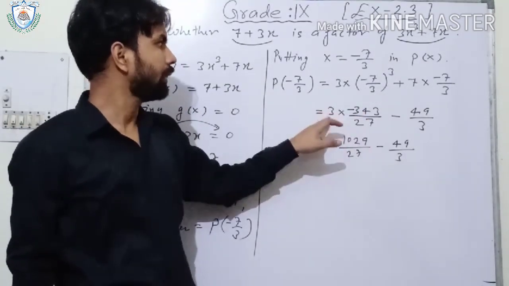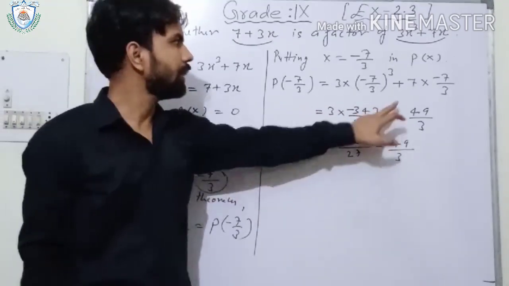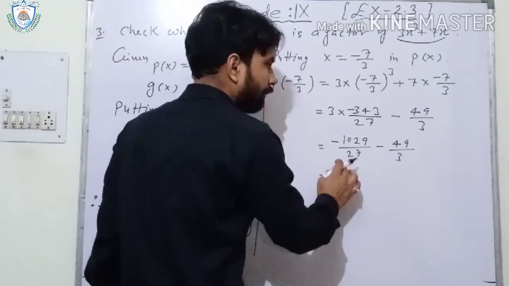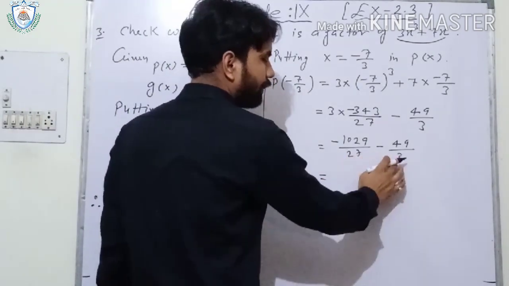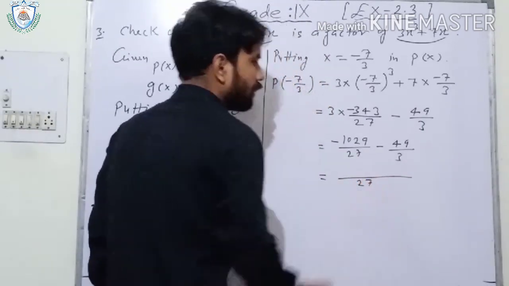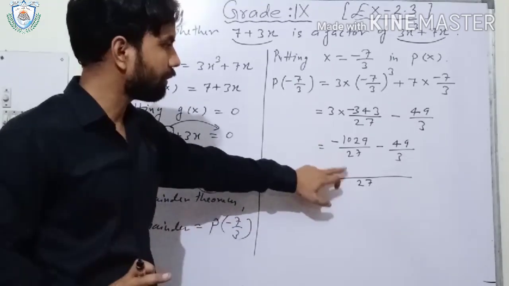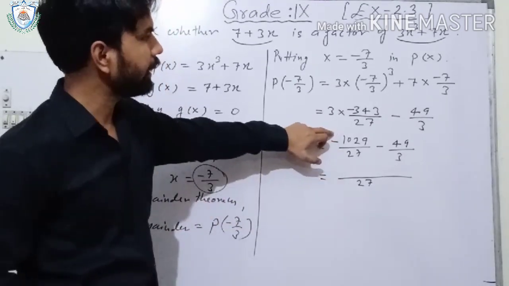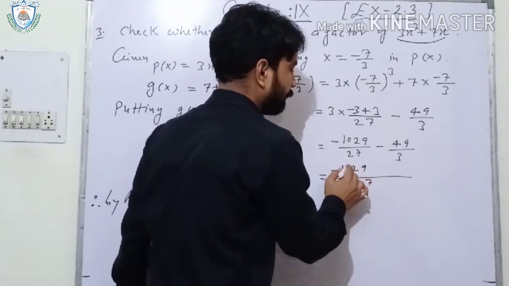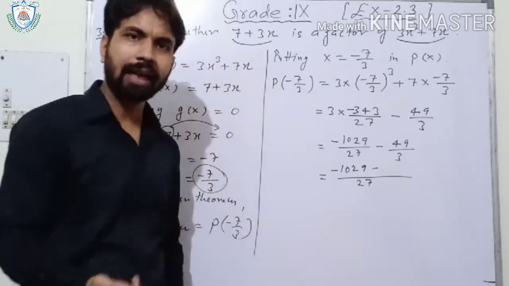What we can do now is take the LCM. So 27 and 3, the LCM will be 27. In the table of 27, 27 will come at the ones place. 27 ones are 27, multiplied in the numerator, so minus 1029. In the table of 3, 27 will come at the 9 place.